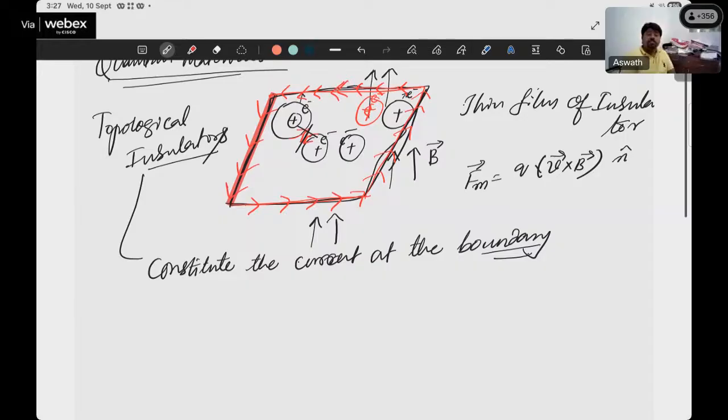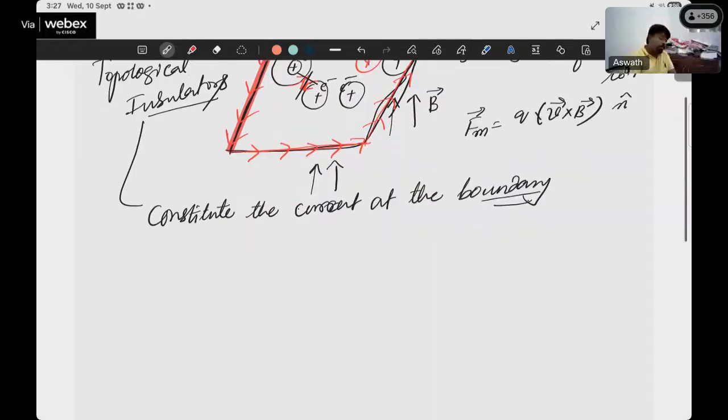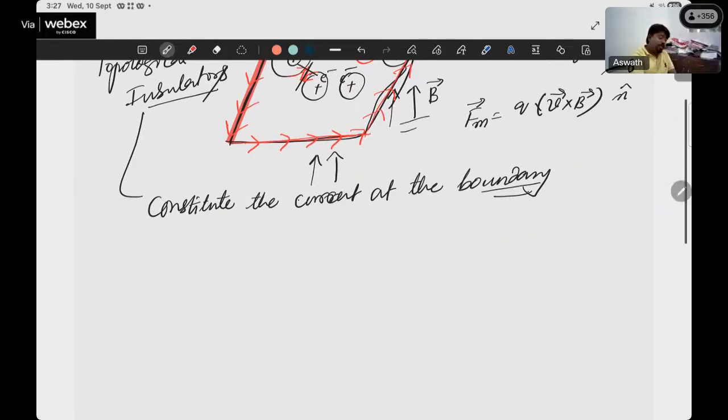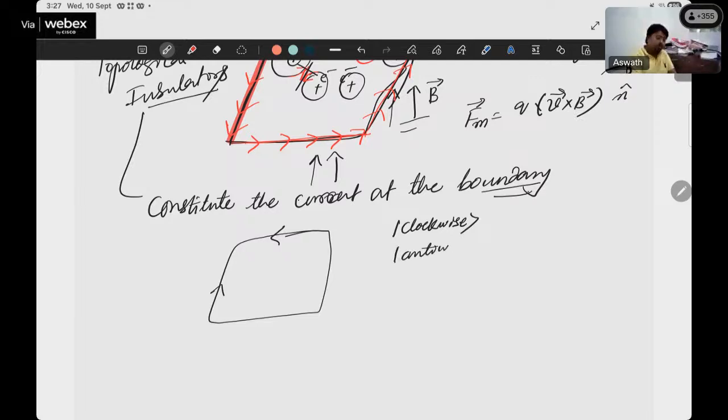And one more issue with this is that this current may not always be in a clockwise or anti-clockwise direction. It can be both. Let's say clockwise is one way of saying quantum state, anti-clockwise is another way of saying quantum state.